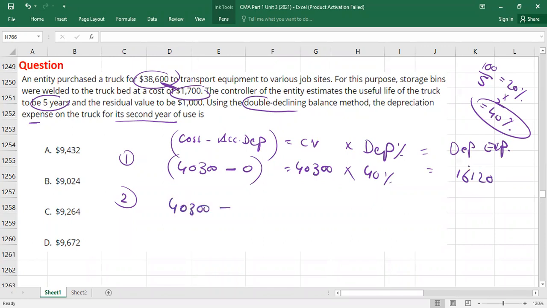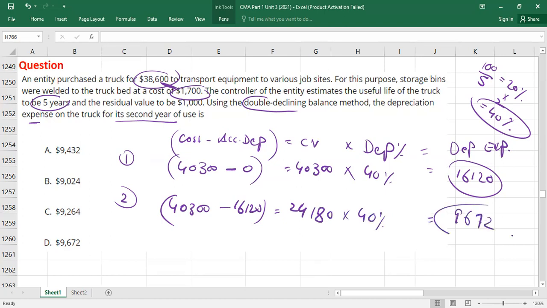Accumulated depreciation will become 16,120, obviously. Can you help me? How much? 24,180 times again 40%. So this will give you 9,672. This is actually the answer because you have to calculate for the second year. This is the answer. Okay? Understood?